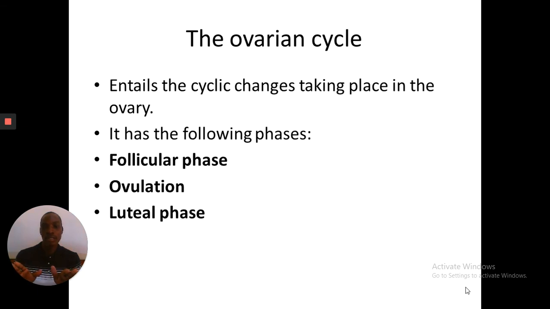Don't get worried about these terms. We are going to go through each in detail so that you can understand. But I think the second phase is common knowledge to all of us, ovulation. Heard of it? Let's see what happens.